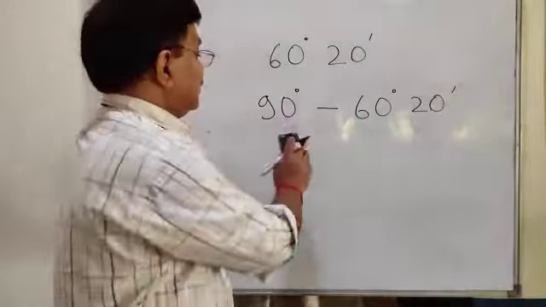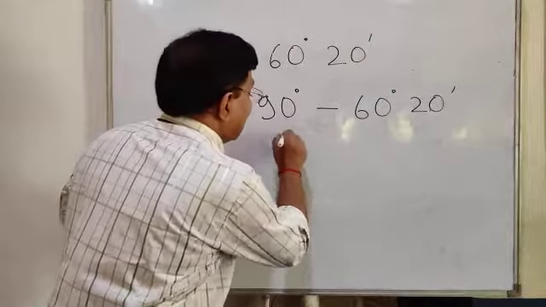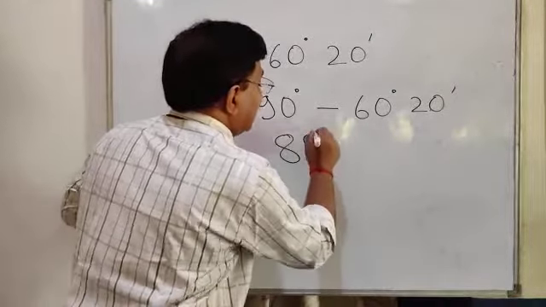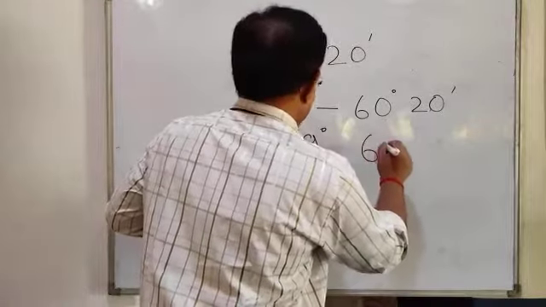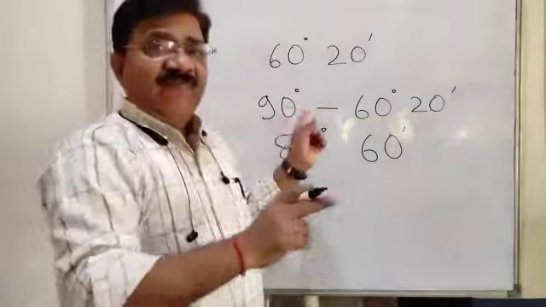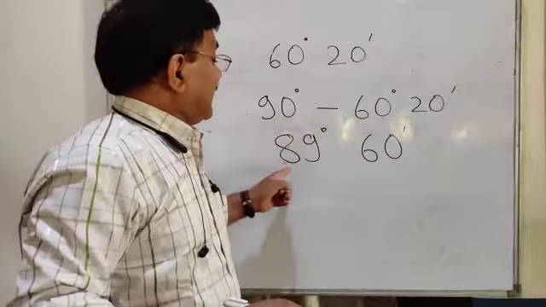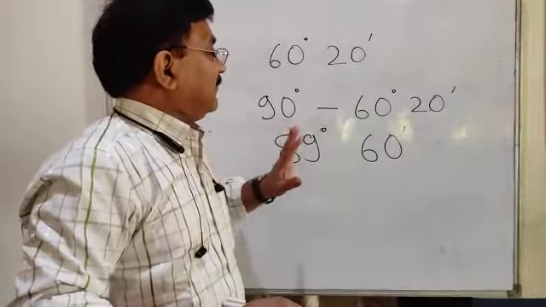What to do here? You can write 90 degrees as 89 degrees and 60 minutes. Understood or not? Instead of 90 degrees, we can write 89 degrees and 60 minutes.